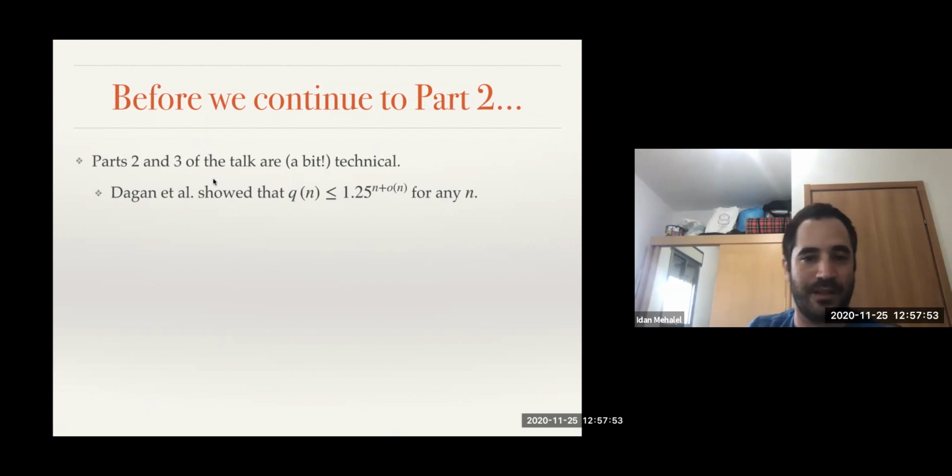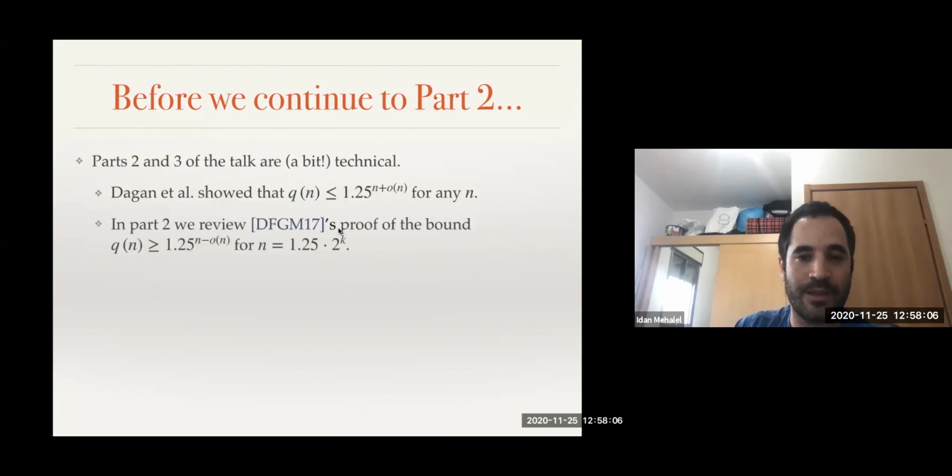This is a main interesting result that shows that we don't need all 2 to the n questions in order to always construct optimal strategies. They also show that for n of this specific form, Q of n is at least 1.25 to the n. So what remains open is the exact value of Q of n for other n values.